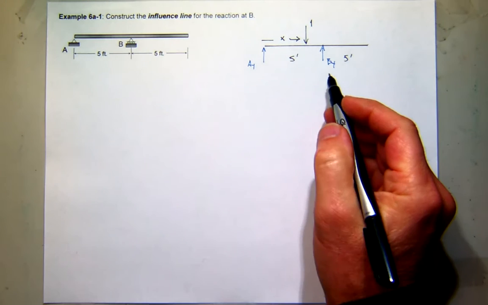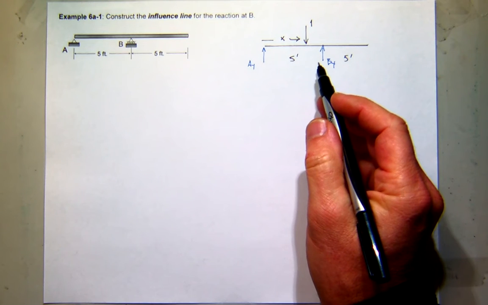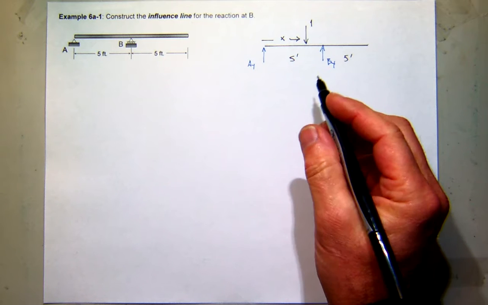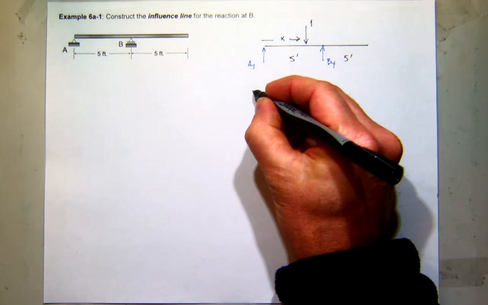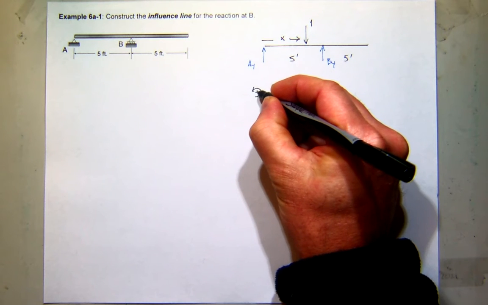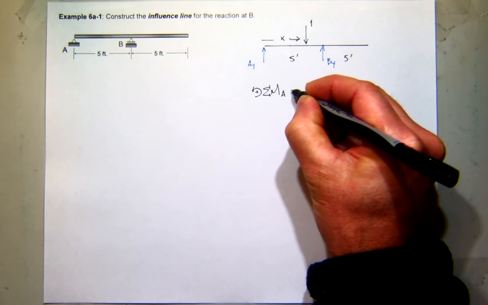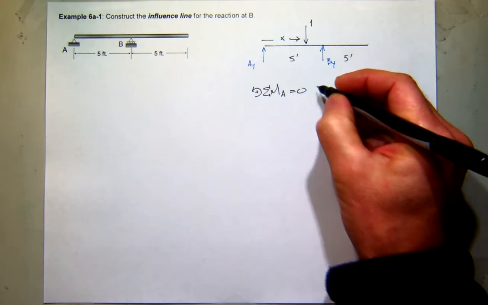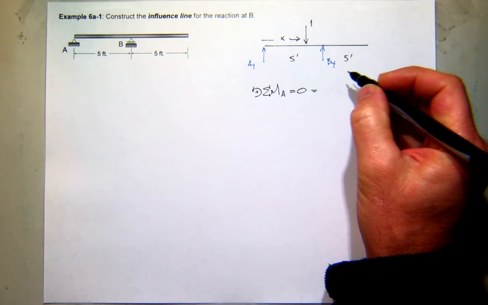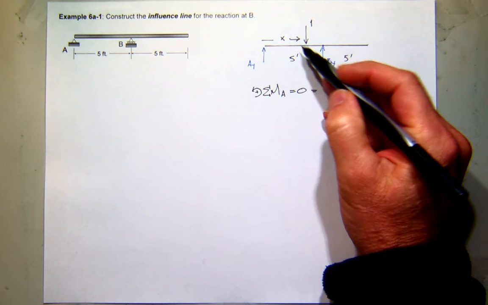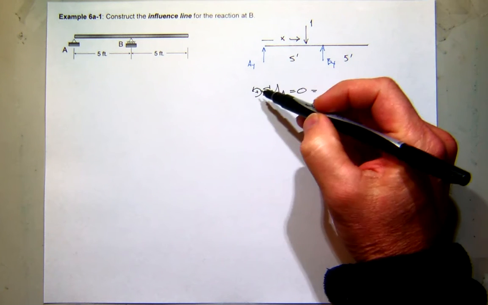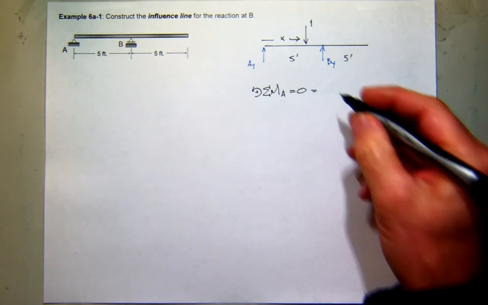How do I normally find a reaction at say A or B? I usually sum moments at the other side. So let's do the same thing. So I will sum moments at A and put the whole thing in equilibrium. So what do I have about A? My influence load is creating what kind of moment about A with right-hand rule? Positive or negative? Negative.